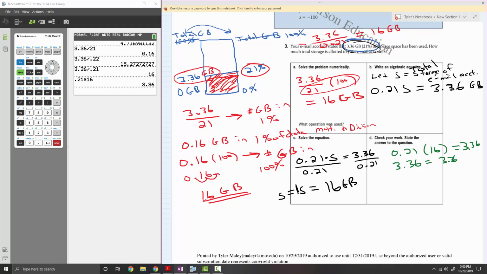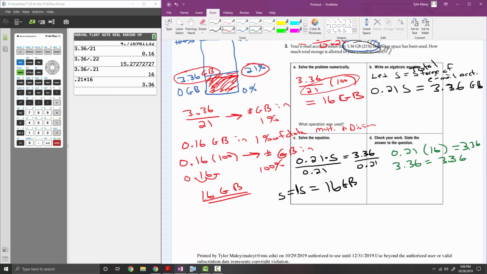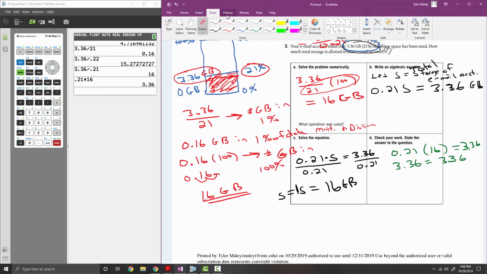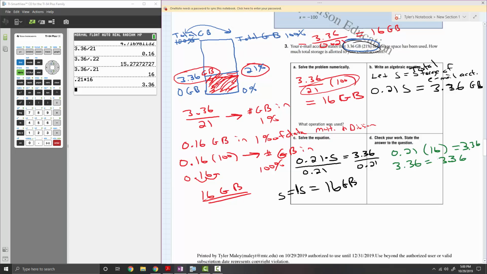So we get that solution. Then you could state an answer to your question. You could say the total storage provided is 16 gigabytes, as an example.